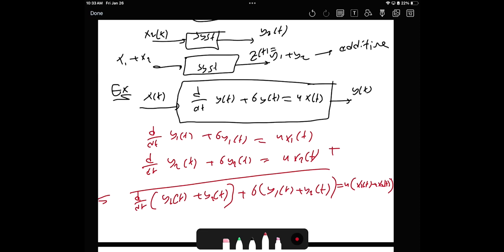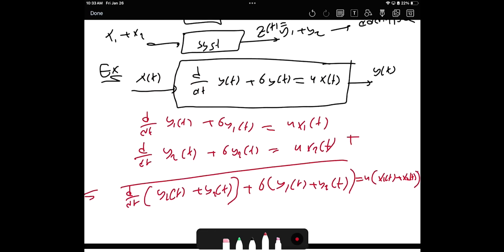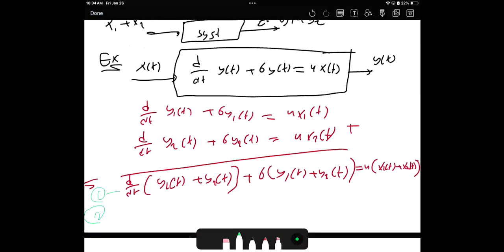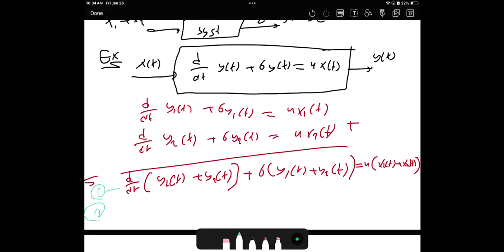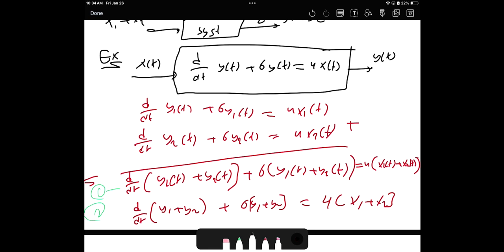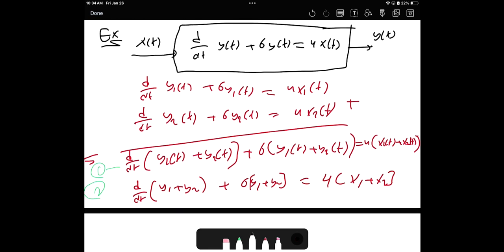Now, is this the same? This is the first thing, I will say this is number 1. Number 2, for the same function, replace every y of t by y1 plus y2. So which will make it d by dt. Every y of t will be y1 plus y2 plus 6 y1 plus y2 equal 4, replace every x by x1 plus x2. Now, since 1 and 2 are equal to each other, then it is additive.